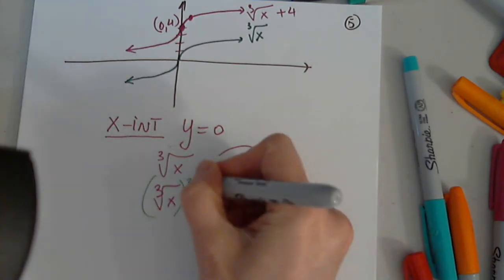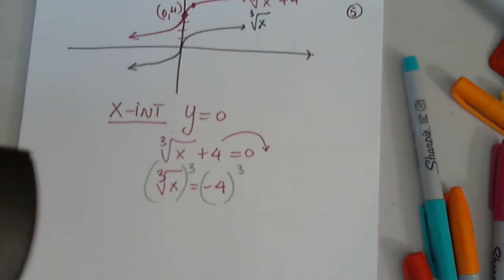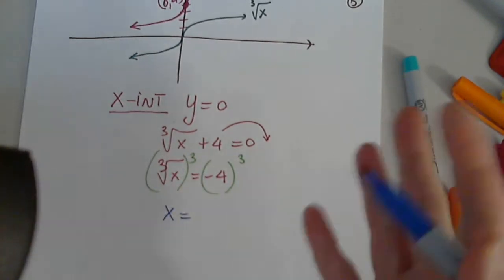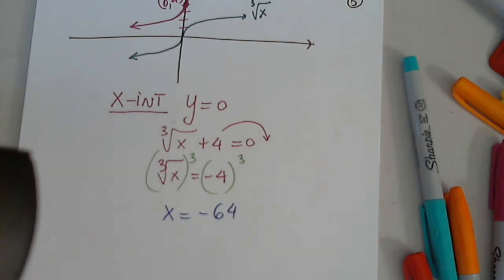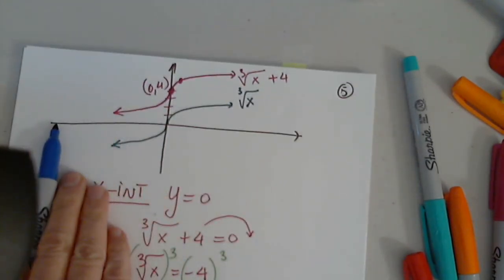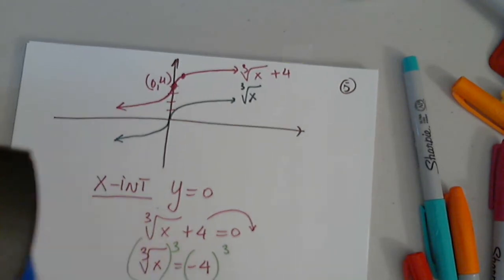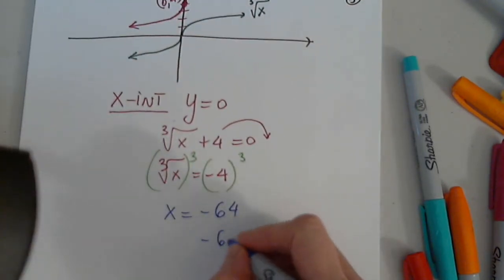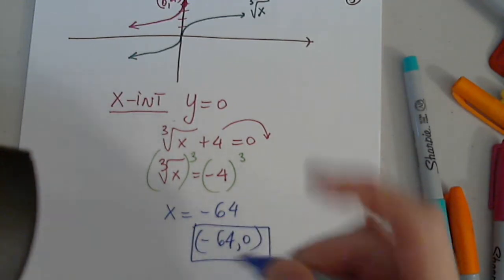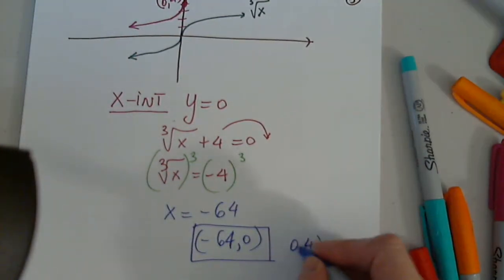So only power 3 will make the cube root disappear. And -4 to the third power is -64. So the x-intercept is (-64, 0). The y-intercept is (0, 4).